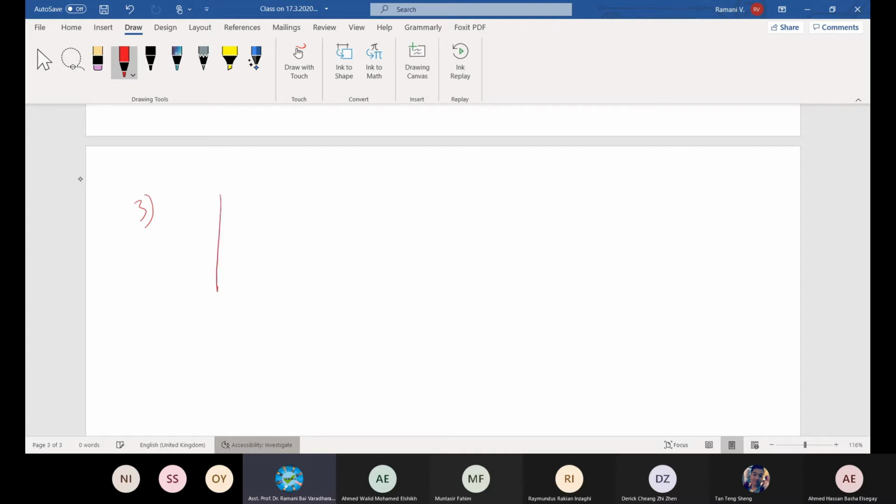So you are given a member with this cross section. It's a cantilever beam with UDL on top, and the span is from A to D, right?